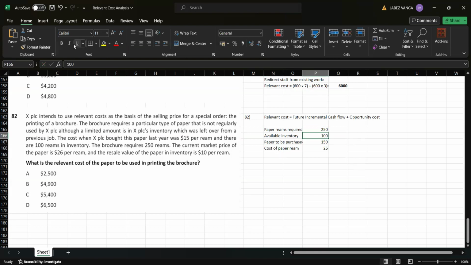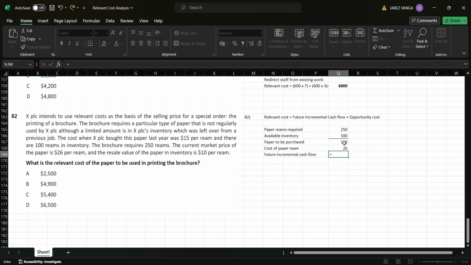Then find out the future incremental cash flow. It is equal to 150 into 26, 3,900. Done.